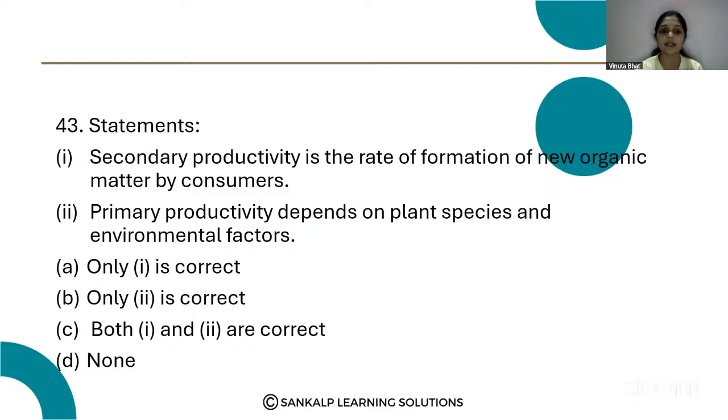Both 1 and 2 are correct. Option C is the correct answer. That is, both 1 and 2 are correct.